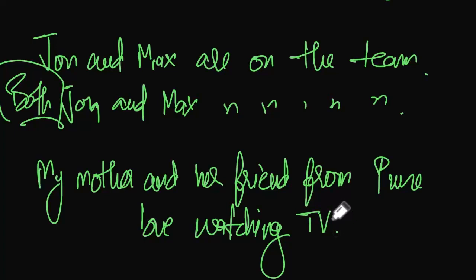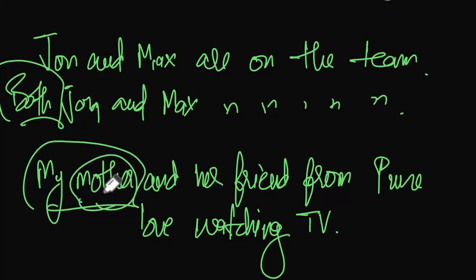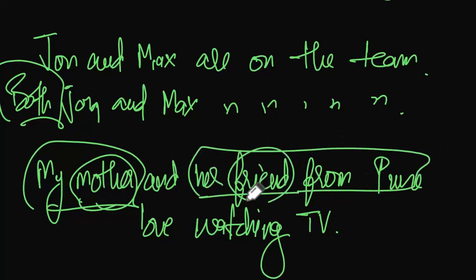Okay. So my mother, a phrase where mother is the simple subject, one word. Her friend from Pune, a noun phrase where friend is the simple subject. So the subjects in your compound subject can be simple subject or complete subject.